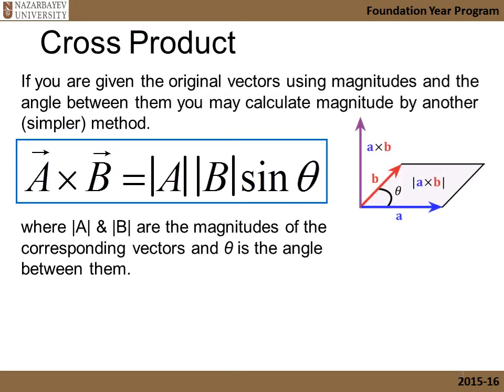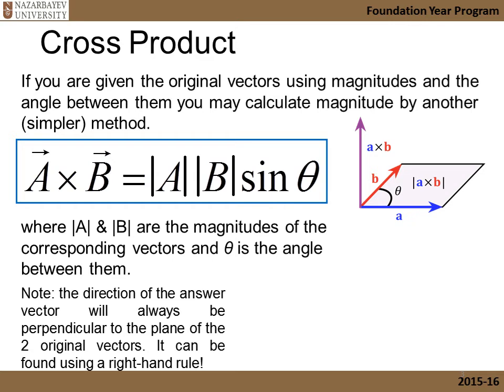And we know that the result of the cross product is a vector, so our vector will always be perpendicular to the plane formed by our two original vectors, and its orientation will depend on the location of the vectors a and b.